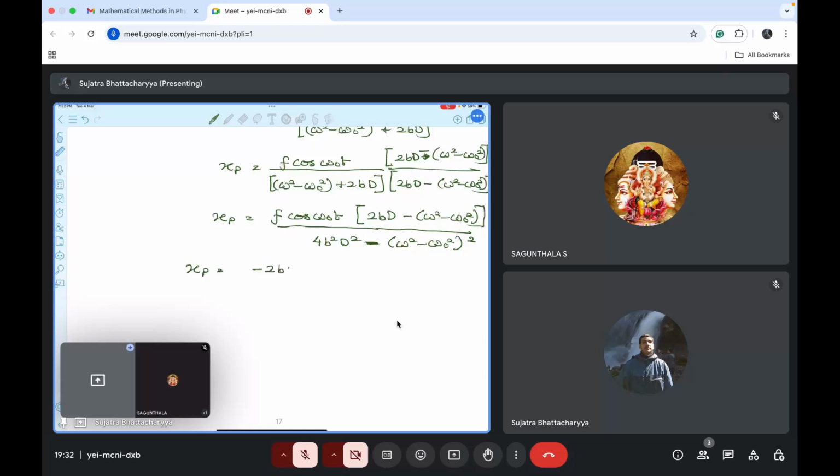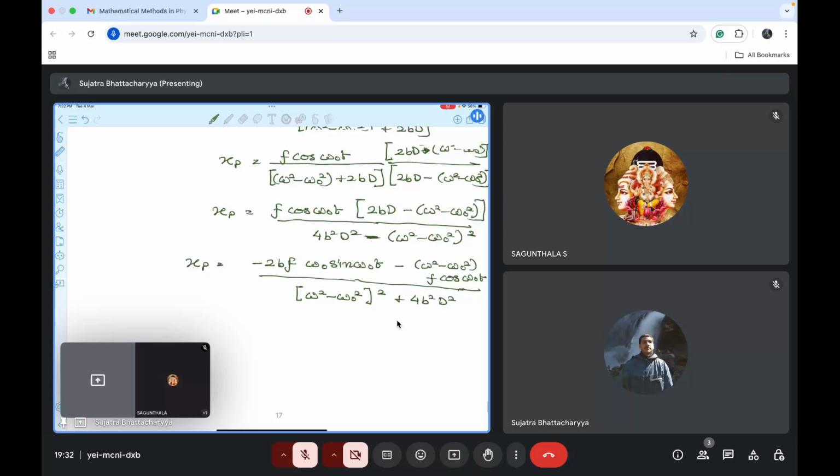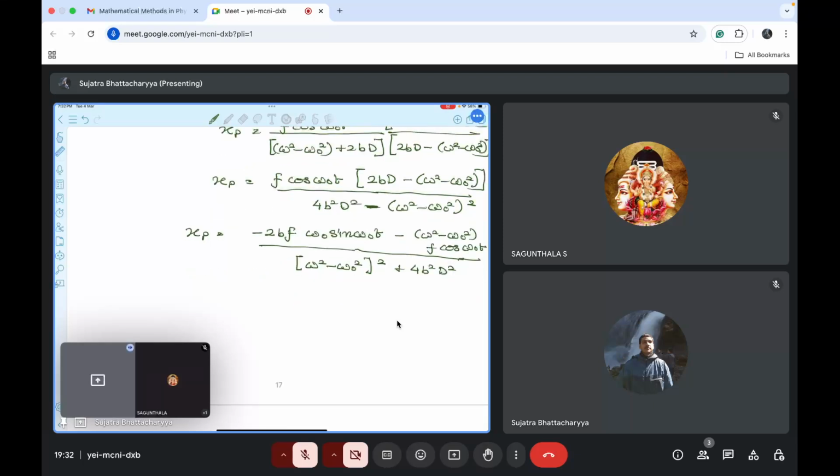So minus 2b f omega naught sin omega naught t and minus omega square minus omega naught square f cos omega naught t in the numerator. In the denominator, you have things which are already being very well fixed. Okay, so this is how you can write.